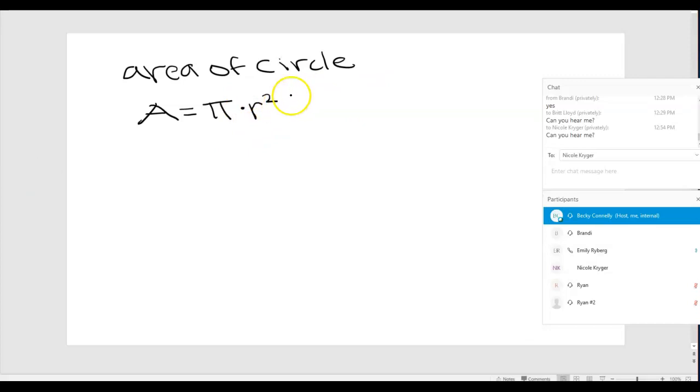Remember, squaring the radius is different than timesing it by 2, because you're timesing it by itself. That's where the difference is in that formula compared to the circumference. So if we're told that the radius is 3 feet, then we just need to put 3 in place of our r there. So we'll have A equals, and don't use the pi button on your calculators, just use 3.14.